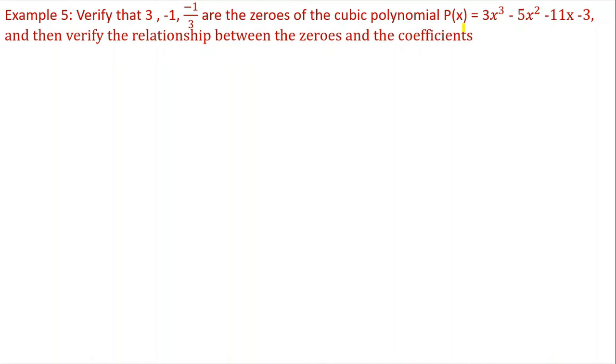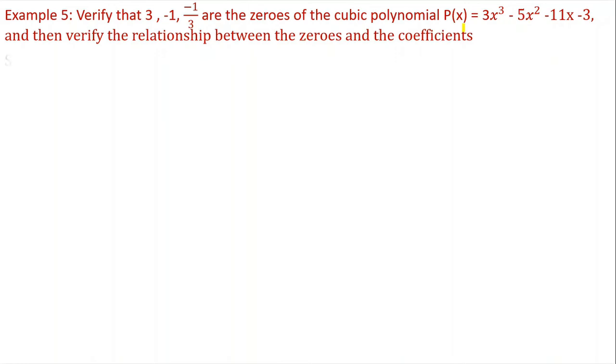To check whether the given values are zeros or not, we have to substitute each given value in place of x and see the result. If the result becomes 0, then we can say that the value is a zero of the given polynomial, and if the result is not 0, then the given value is not a zero of the given cubic polynomial.